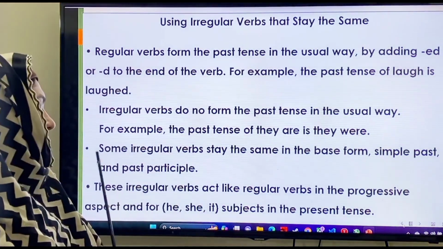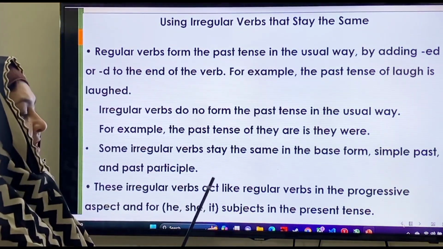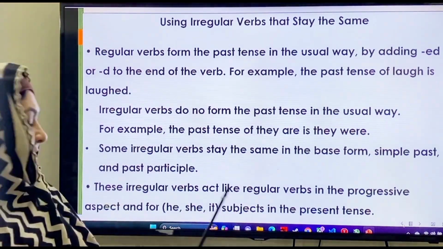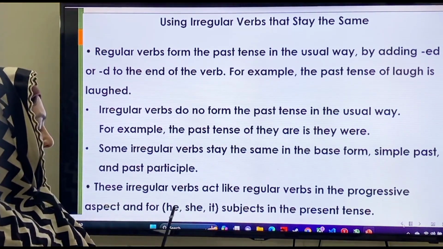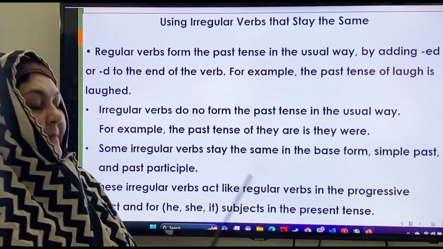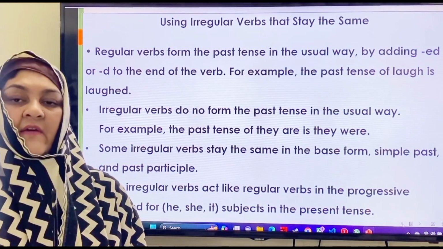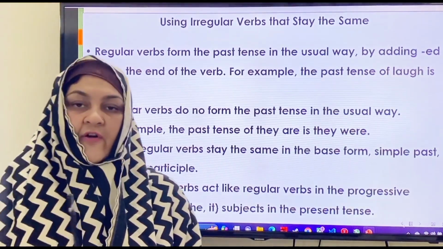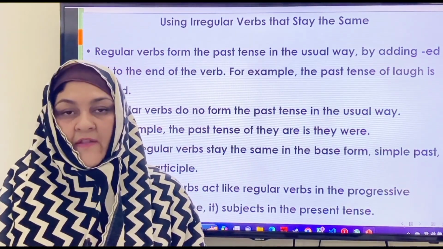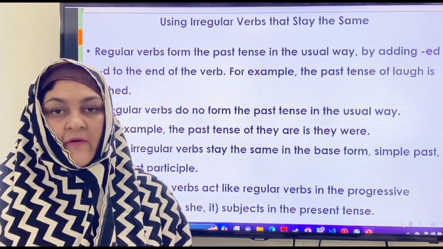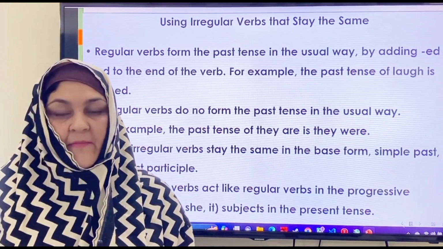These irregular verbs act like regular verbs in the progressive aspect, and for he, she, it, the subject in the present tense. So it doesn't matter what subject we carry, the spelling of the verb will remain the same in the past tense, and the past participle form also remains the same.